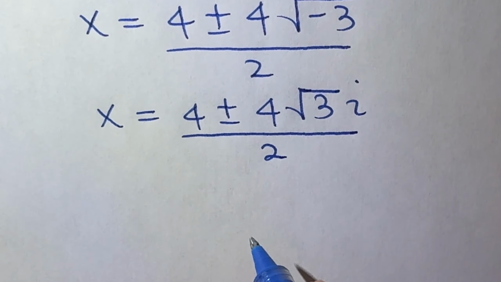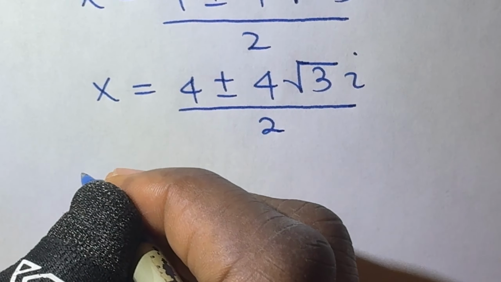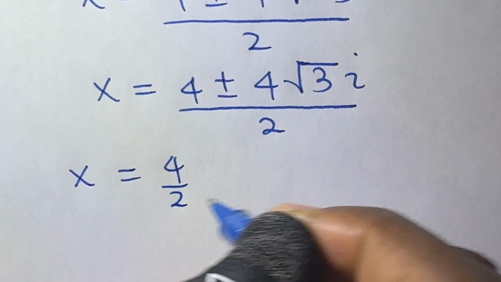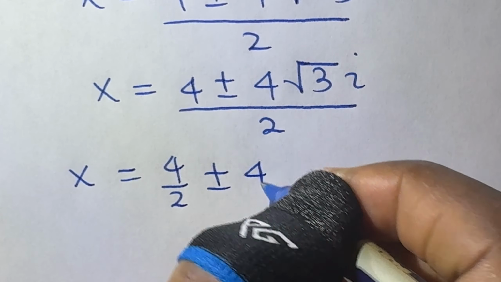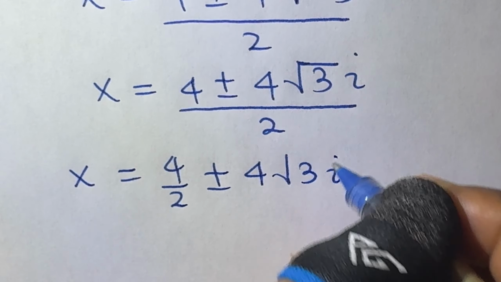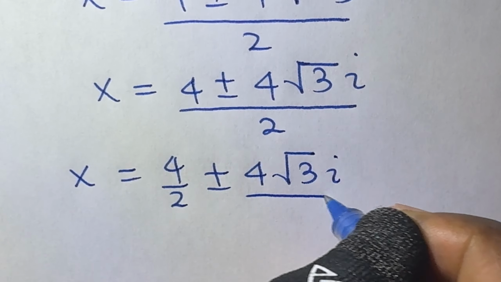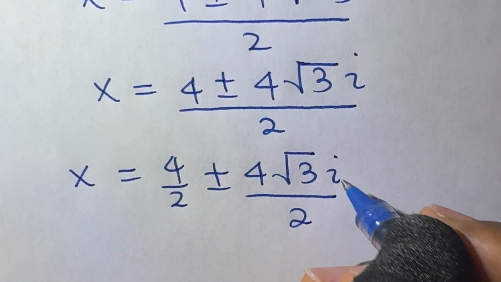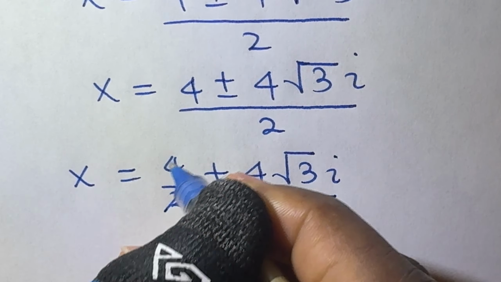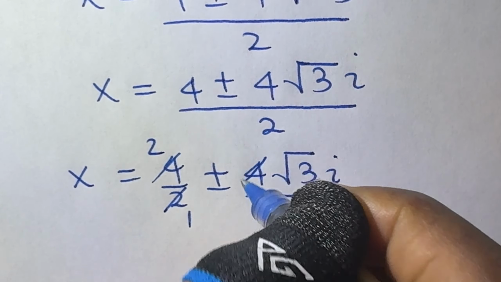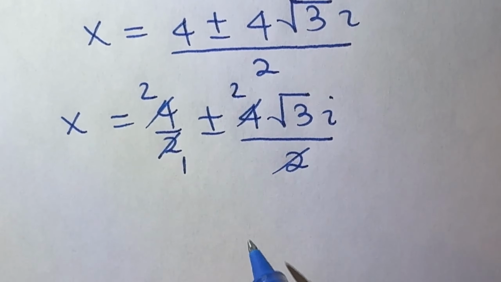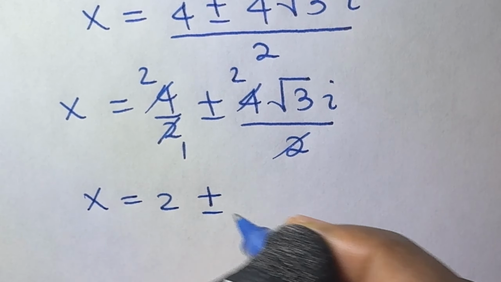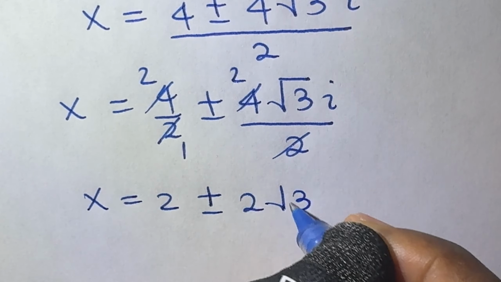And then we can now separate to give us x is equal to 4 over 2 plus or minus 4 root 3i over 2. These 3i are not the same. You can see the radical doesn't cover this i. So 2 here is 1, 2 here is 2, 2 here is 2. And then we say x is equal to 2 plus or minus 2 root 3i.